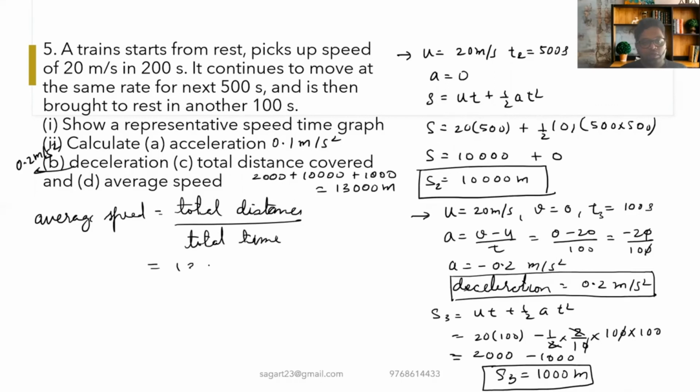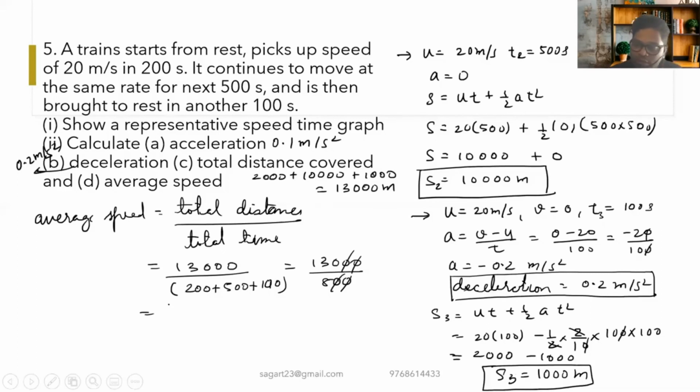So that will be 13,000 divided by, initially it was 200, then it was 500, and this was 100. So this will be 13,000 upon 800 seconds. So two zeros are cancelled, and this will be 130 divided by 8. So again, we have to write our answers. 16.25 meter per second is the average speed.